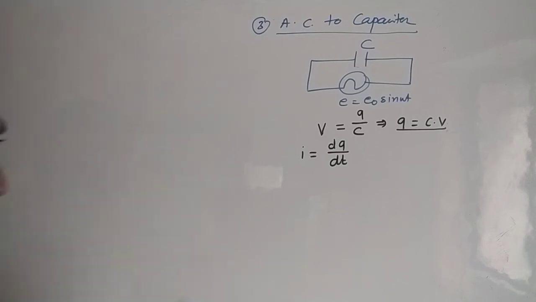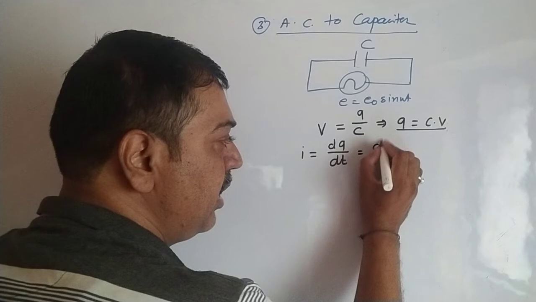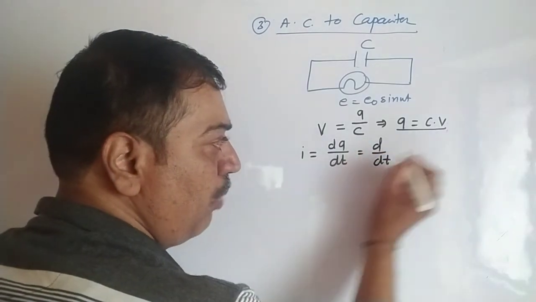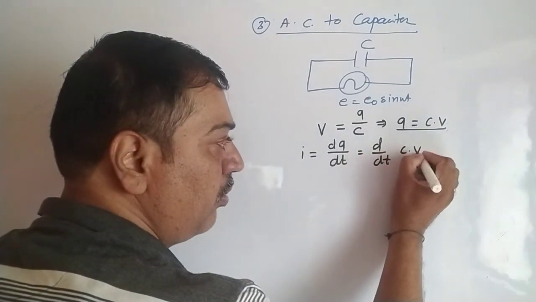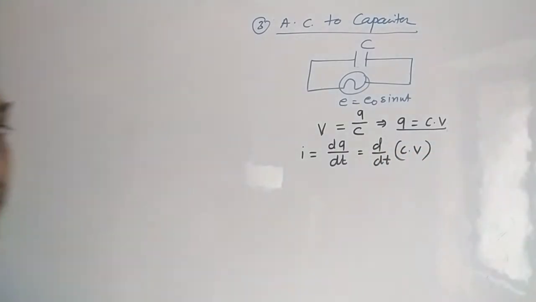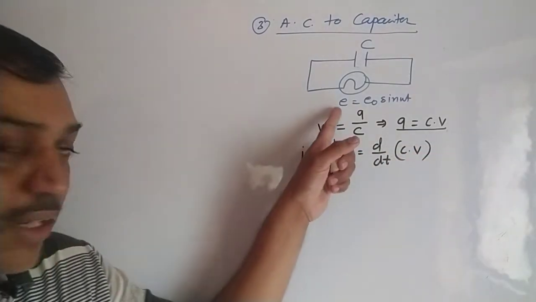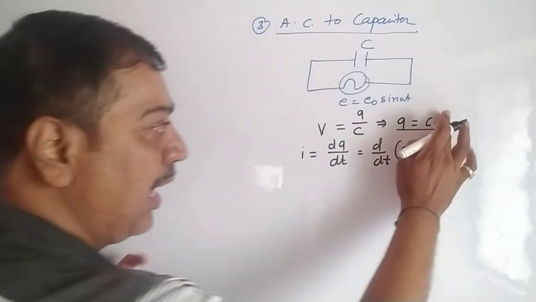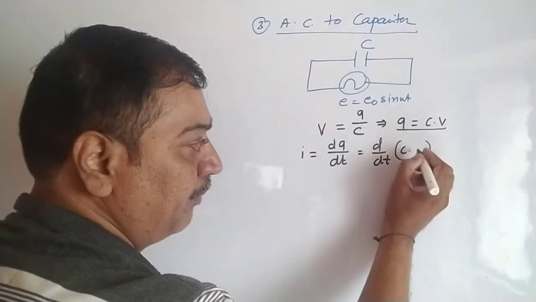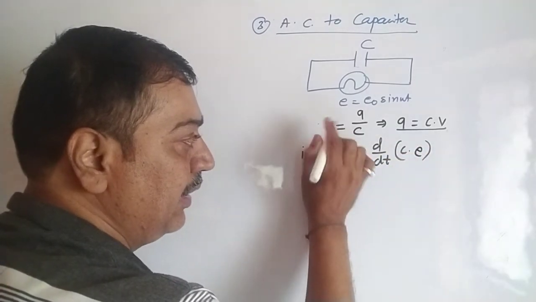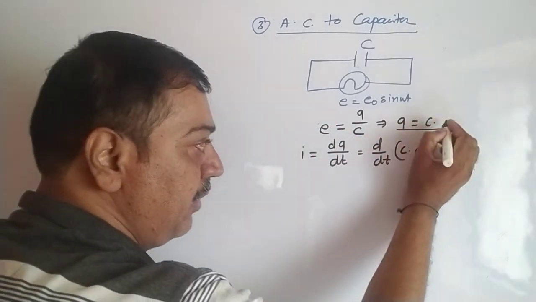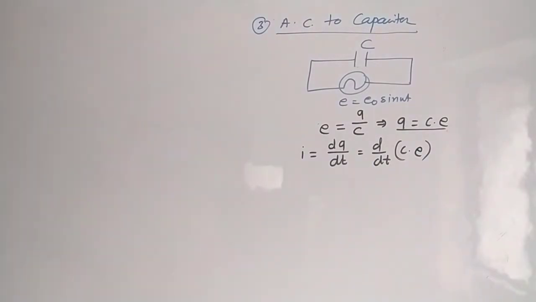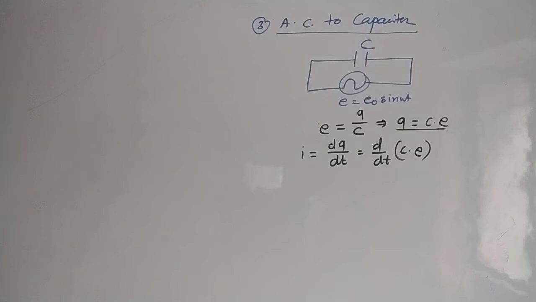Now put the value of Q, so we can write d/dt of, what is the Q value? It is C into V. But in our case, what is the voltage here? It is the EMF E. Instead of V, we represent it by E. So voltage in our case we are representing by E, and we can write this as C into E. Now what is the value of E?